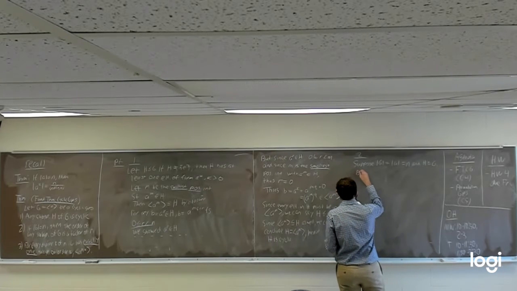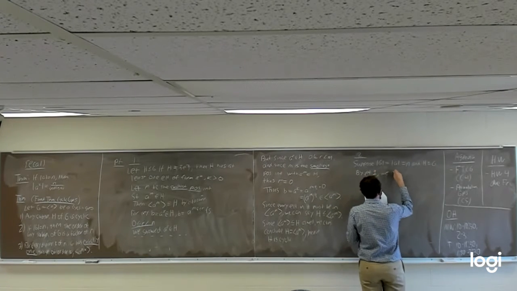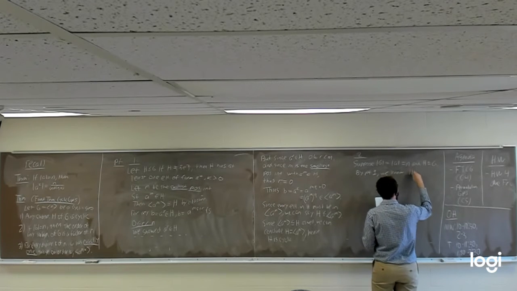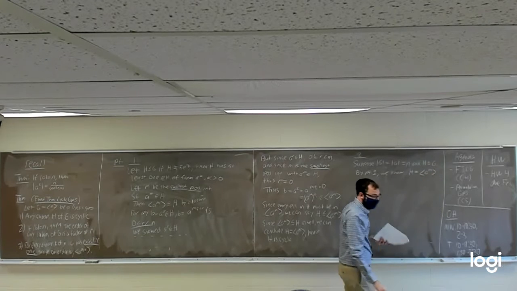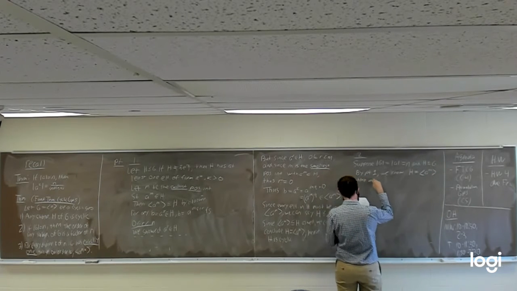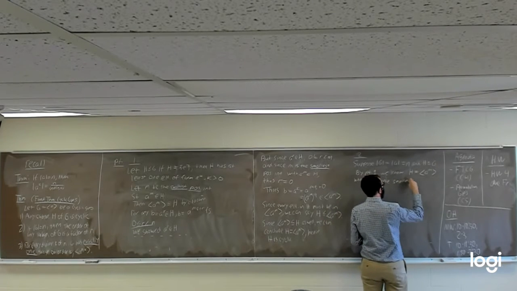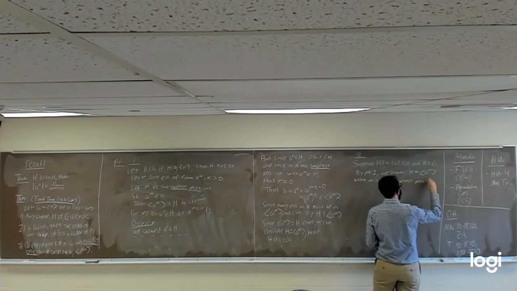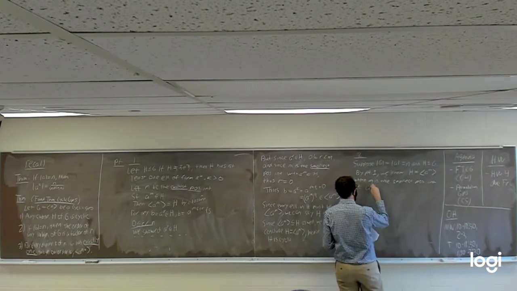So by part 1, we know that H is going to be cyclic, and in fact, it's going to be generated by a^m, where m is the smallest positive integer such that a^m is an element of H.